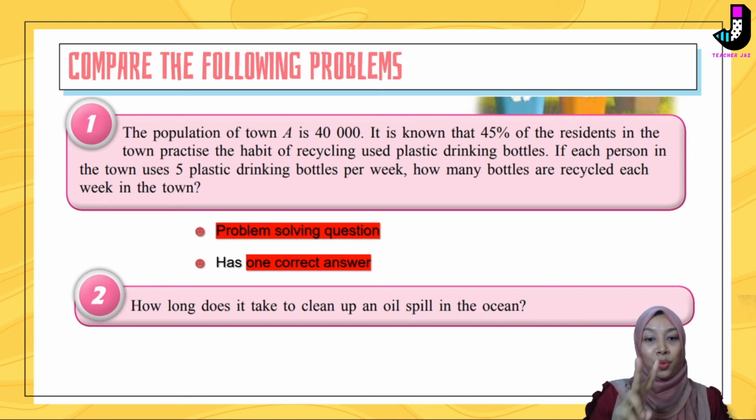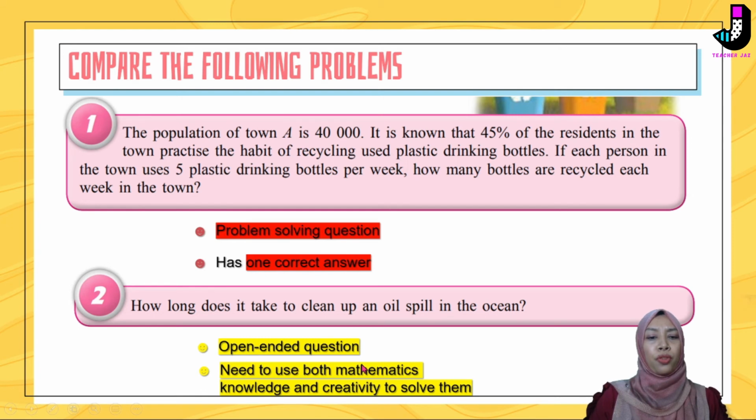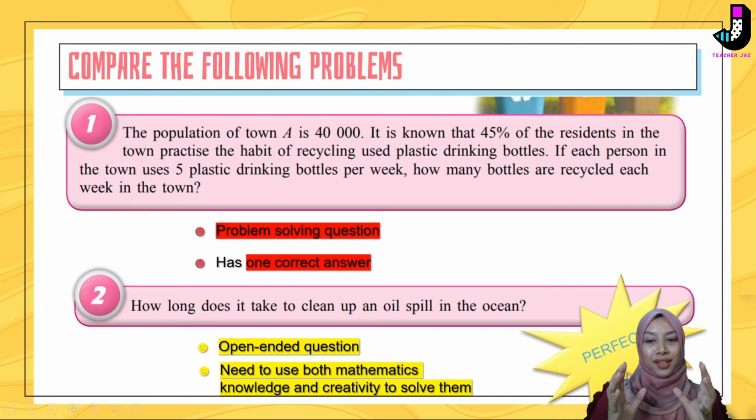But the second one is an open-ended question, and needs both mathematics knowledge and creativity to solve. So the second question is the perfect question for using mathematical modeling, because it is an open-ended question.